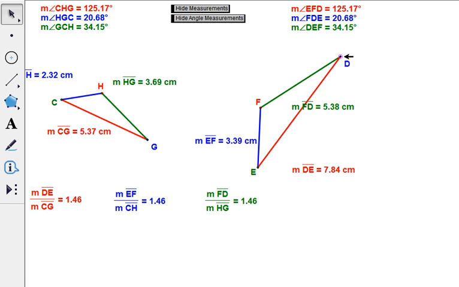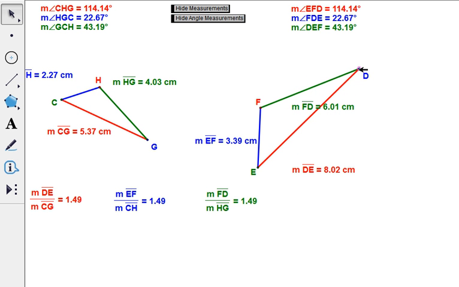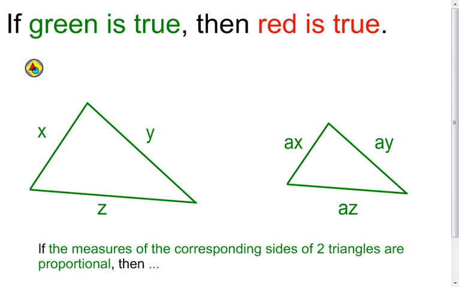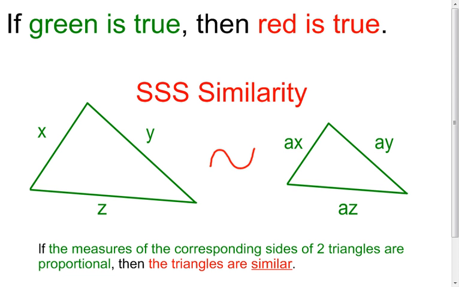If I move this one, the angle measures change, and they change on the other one as well. And notice my ratios all stayed equal, which tells me that if I know the corresponding sides are proportional, then I know my triangles are similar.